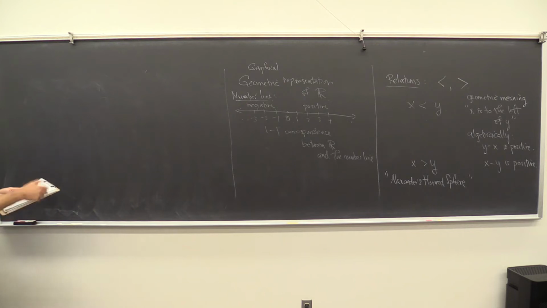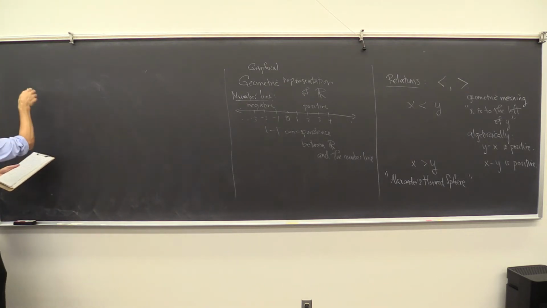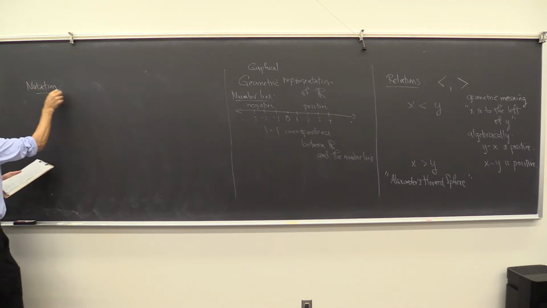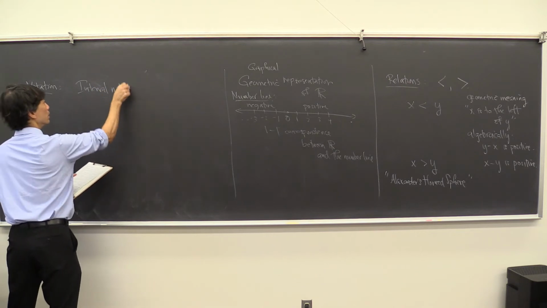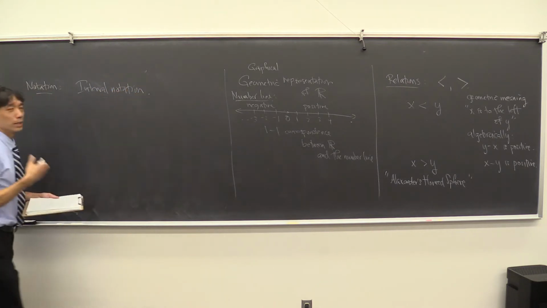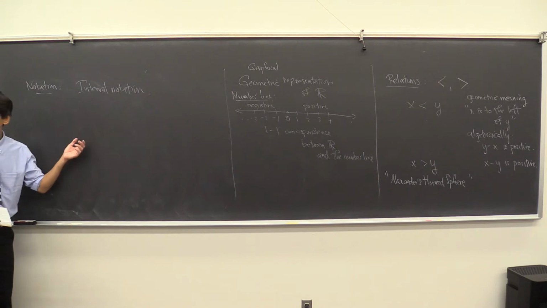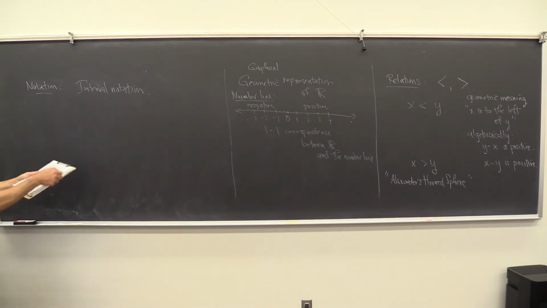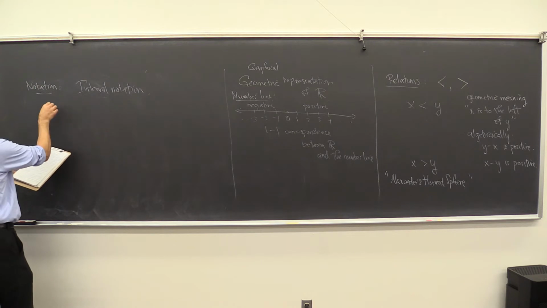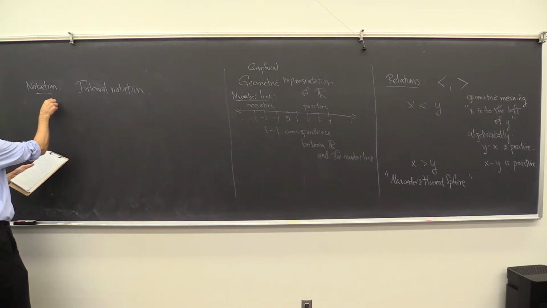Okay. The next thing we want to talk about is just some more notation: interval notation. It's something very basic that we need to know. Probably you are familiar with this.